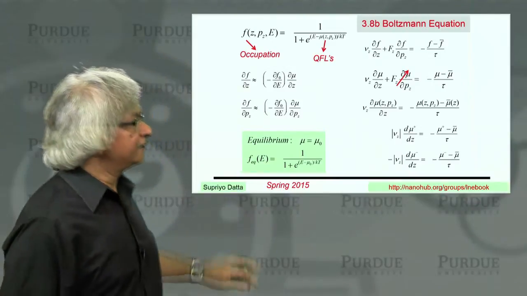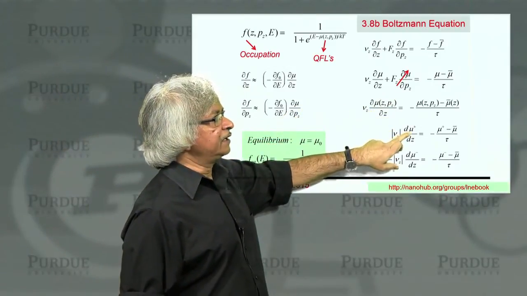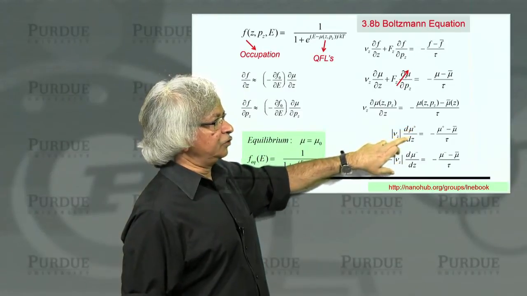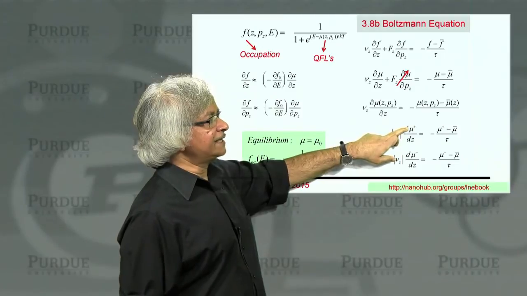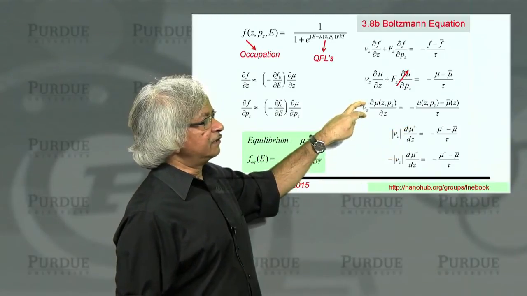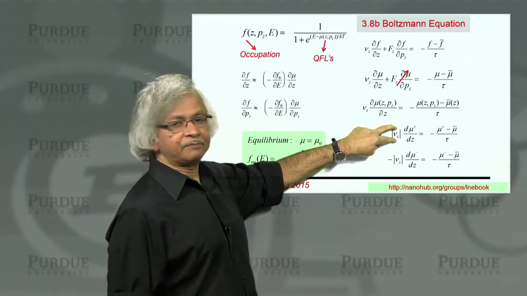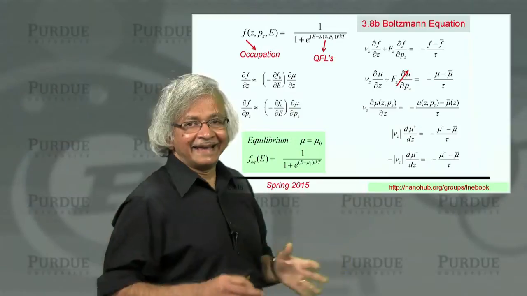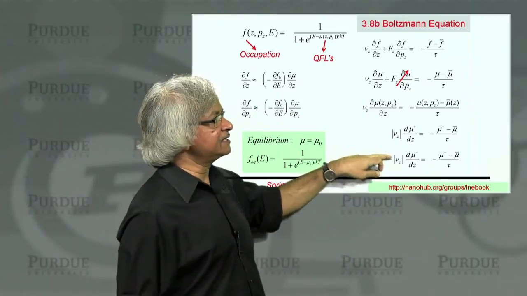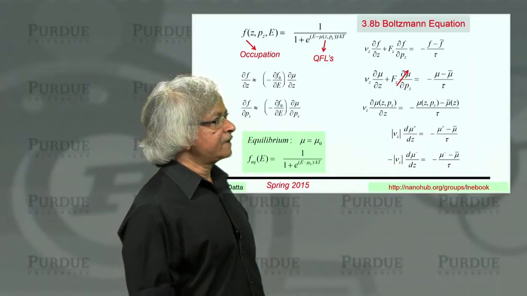So for those which are forward-moving, I'll call that mu plus, and those which are backward-moving, I'll call mu minus. Now for mu plus, the velocity is positive, and so the velocity is equal to the absolute value of the velocity. Whereas for mu minus, it has a negative velocity, so you could write it as the negative of the absolute value of velocity. Okay?